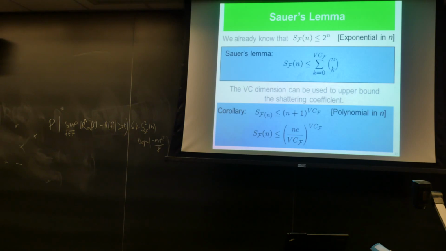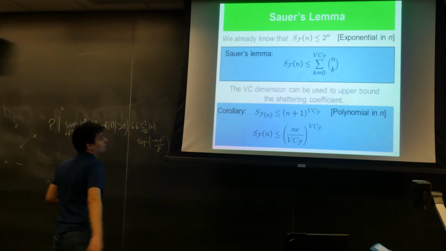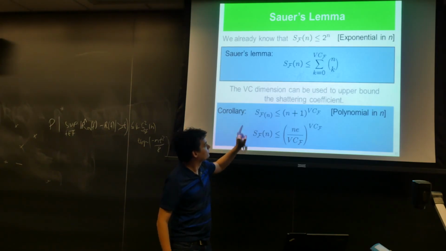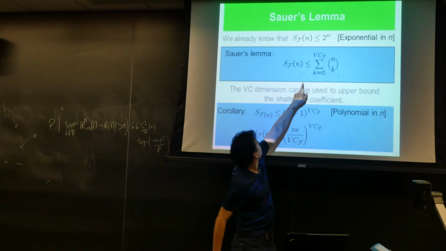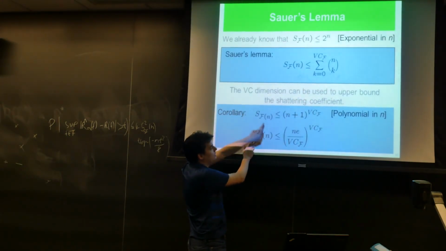So far we had an exponential bound on S_F(n). But if you know the VC dimension, then it turns out that S_F(n) can be upper bounded using this polynomial form, which can be much tighter than exponential.